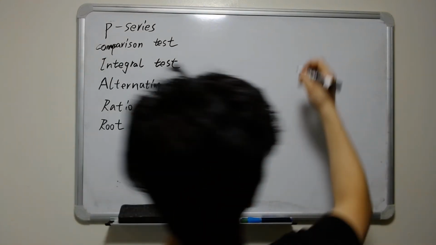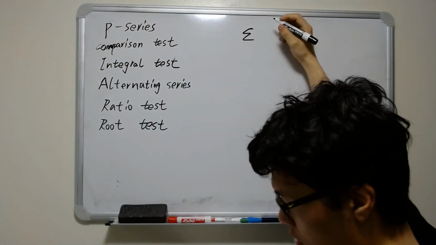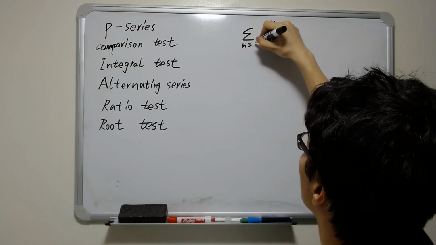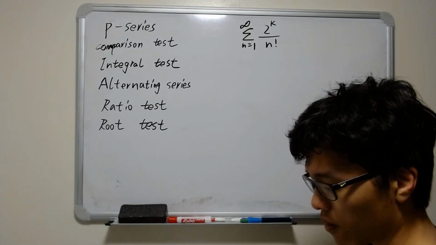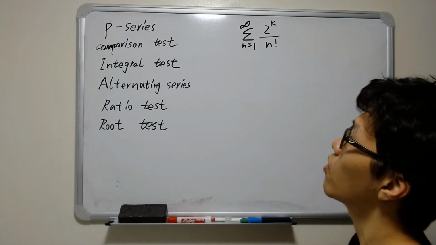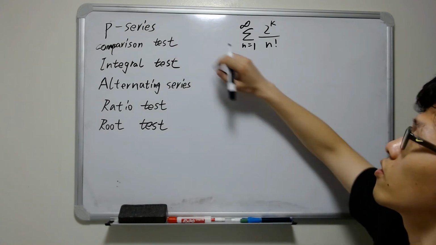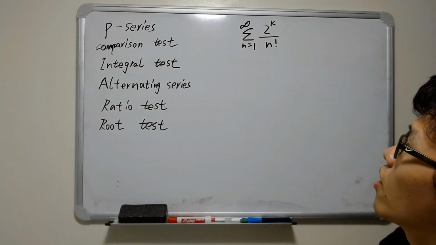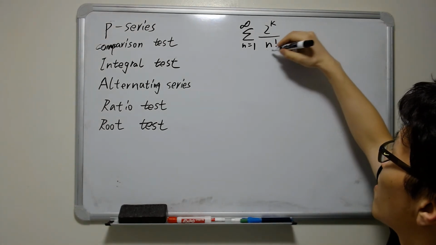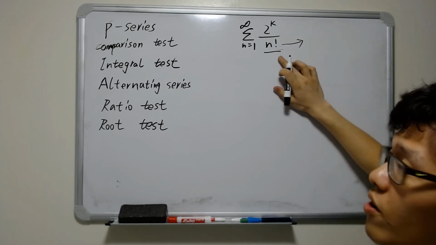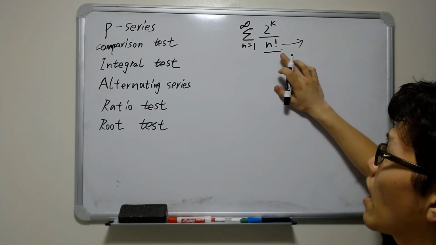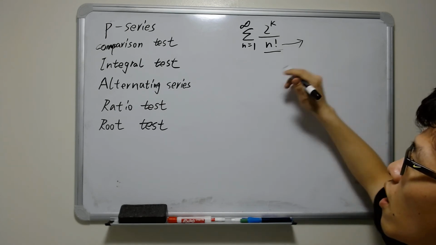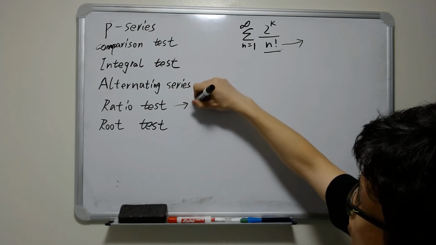Okay, so the first one is the summation of 2 to the n over n factorial, from 1 to infinity. Which method will you use? Because we can see an n factorial on the bottom. Usually if we have a factorial in our series, we pick the ratio test first.